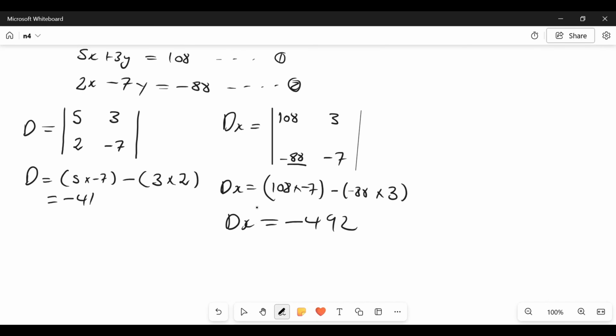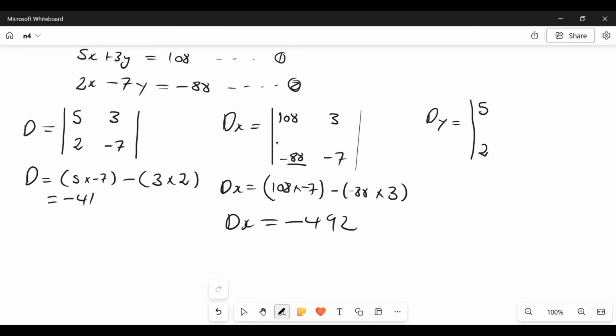Now it's time for us to calculate the determinant of y. So when you calculate the determinant of y, you also need to create the matrix there. If you create the matrix, now you have to take these entries of x back to the matrix. So we have 5 and 2. We're no longer calculating the determinant of x, so they must go back to the original.